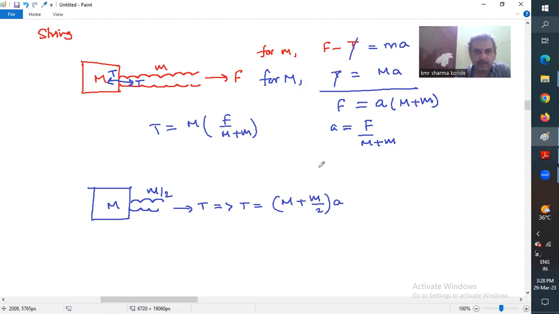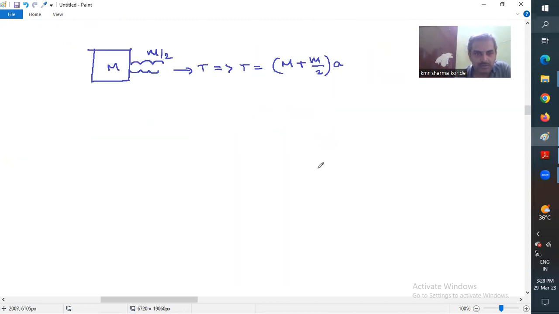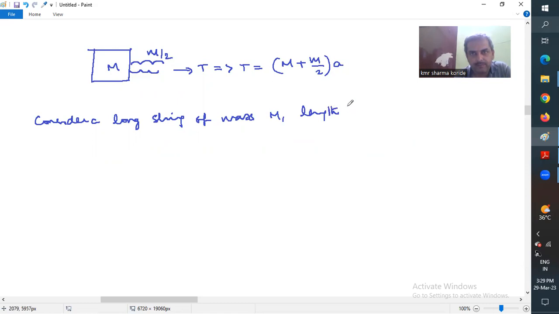Next, consider a long string of mass M, length capital L. At its one end, force capital F is applied.